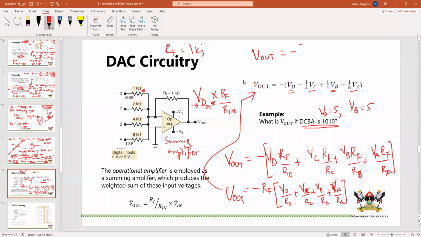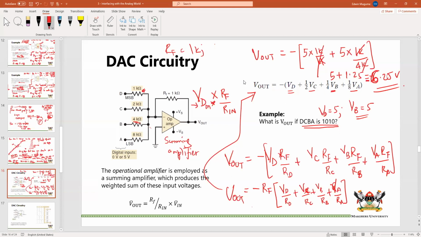So it will be negative VD, which is 5 times 1 kilo over 1 kilo, plus VB, which is 5 times 1 kilo over the resistance of B, which is 4K. And so we have 5 plus 5 over 4, which is 1.25, giving 6.25 volts negative.